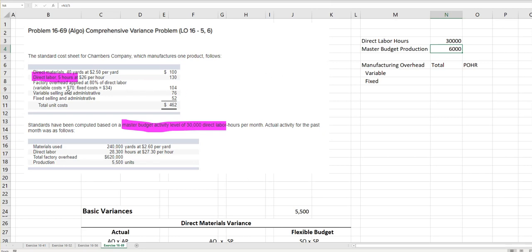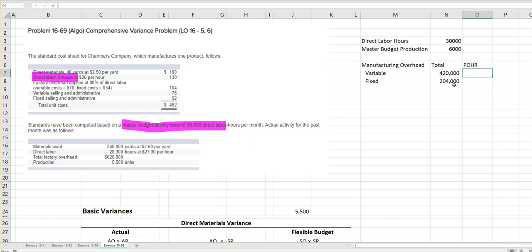That's going to be important because we're told our factory overhead cost is $104 per unit, and that's 70 variable and 34 fixed. So if we take 6,000 units and multiply it by 70, we get our total variable overhead. And if we take our 34 and multiply it by the 6,000, we get our total fixed manufacturing overhead.